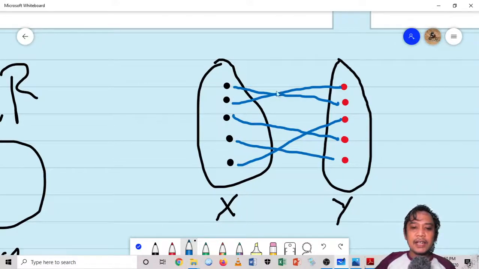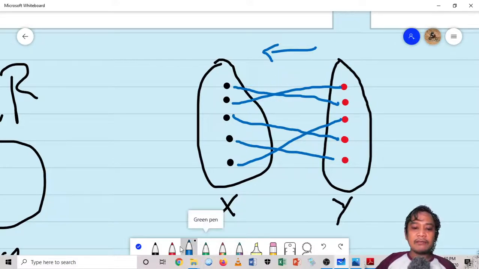Meaning if the direction would be that way, and this would be the domain, so the correspondence from here to here would still be a function. We call that correspondence the inverse function.